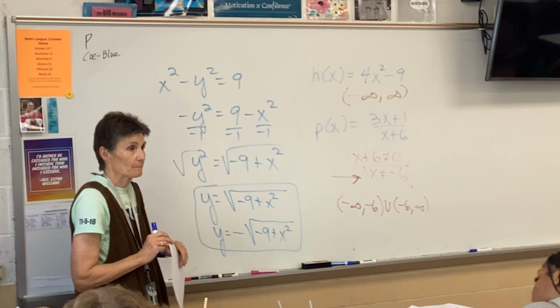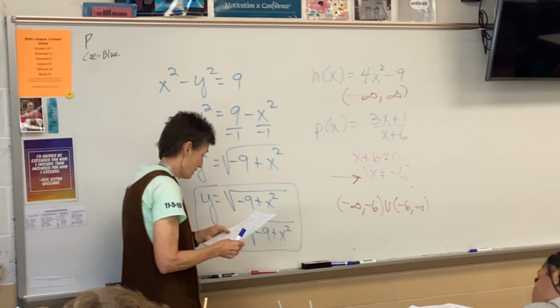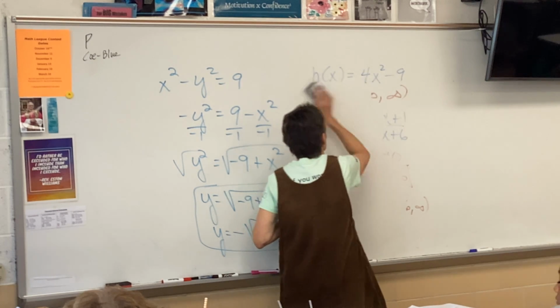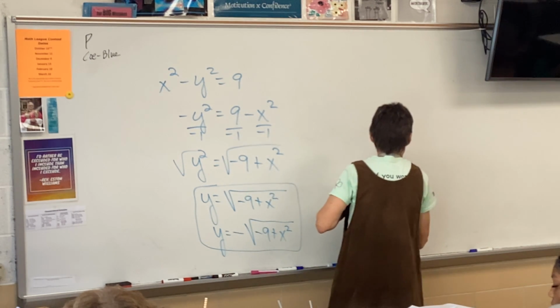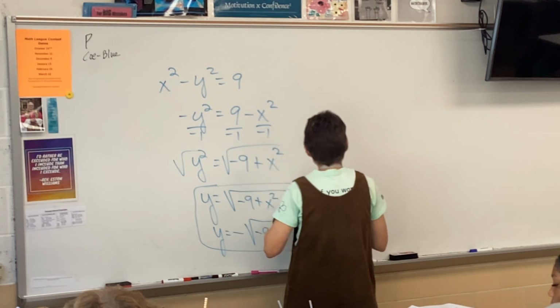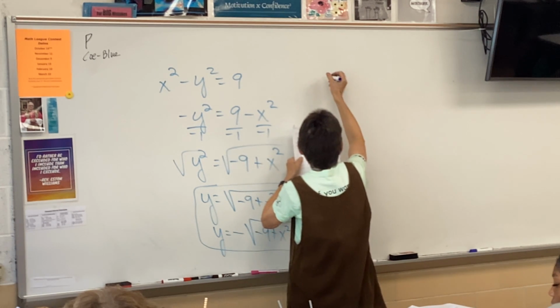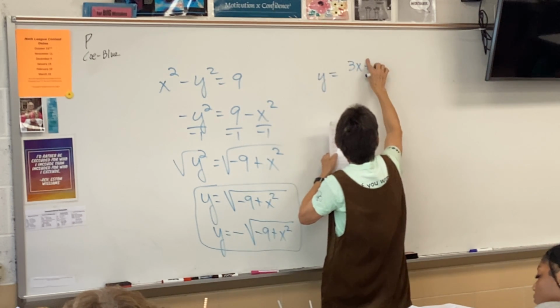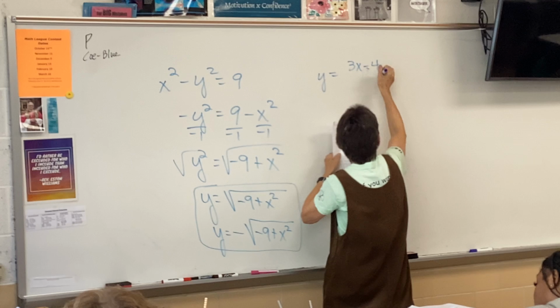Alright? Alright, number 3. We're finding vertical asymptotes, horizontal asymptotes, holes.